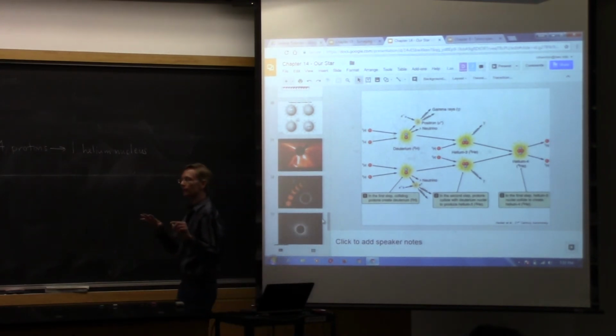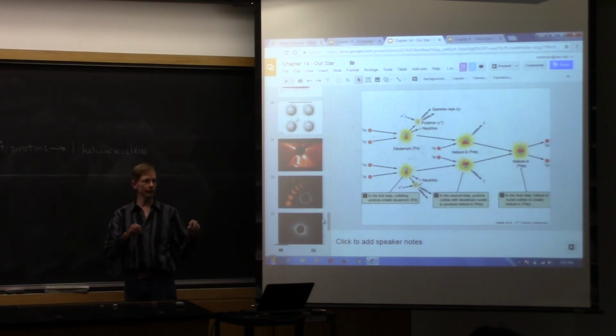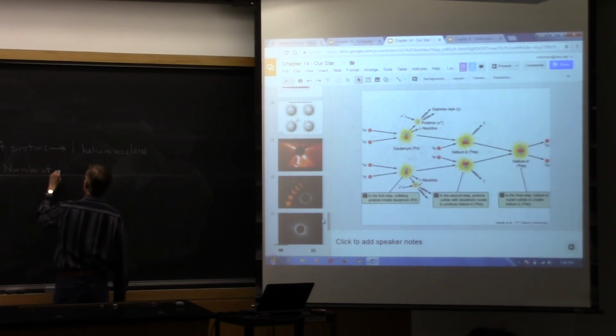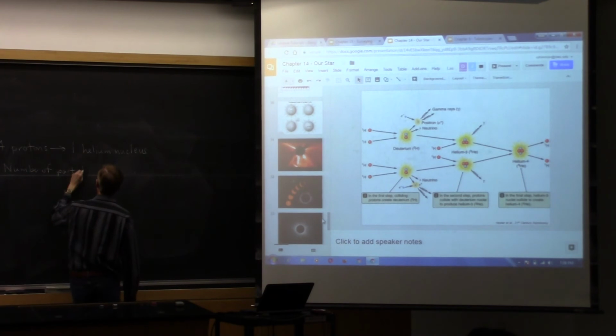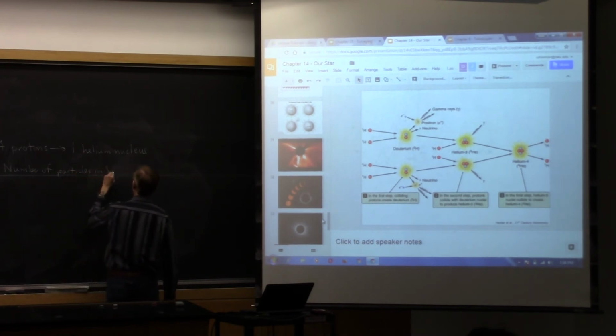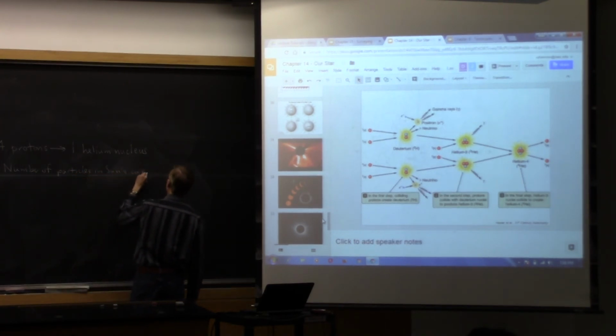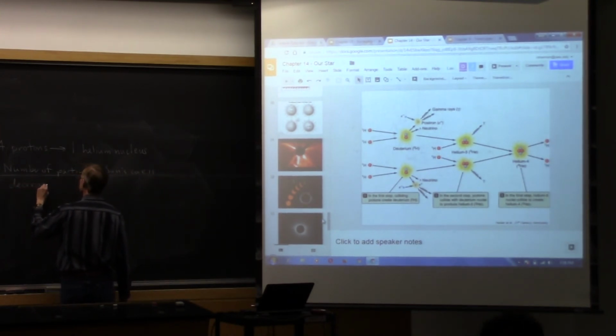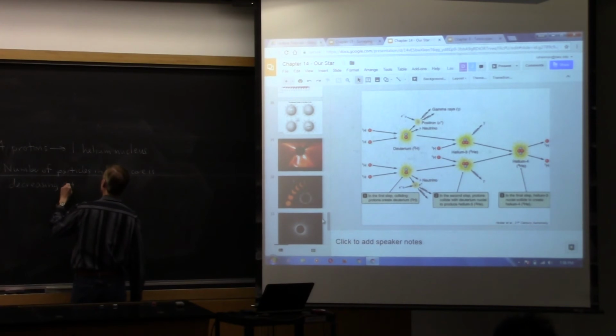So the number of particles in the sun's core is going down as a result of fusion. The number of particles in the sun's core is decreasing with time.